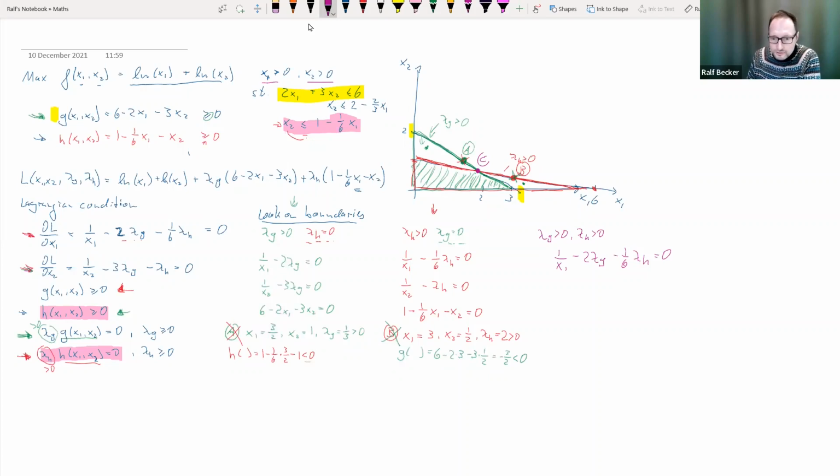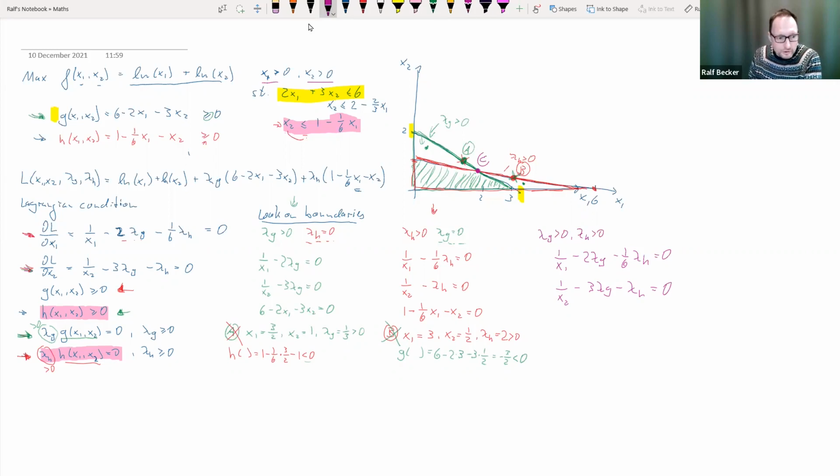The second one, 1 over x2 minus 3 lambda g minus lambda h is equal to 0. So 2 equations with 4 unknowns, x1, x2, lambda g, and lambda h. So I need 2 more equations.